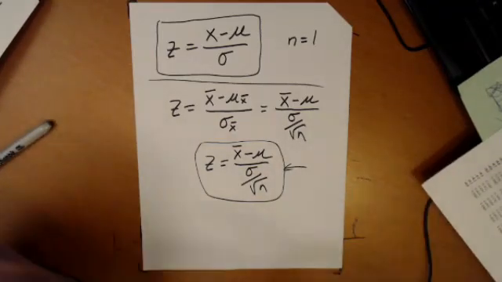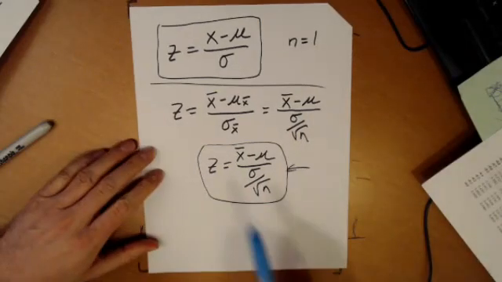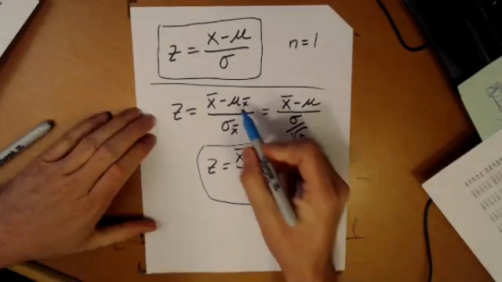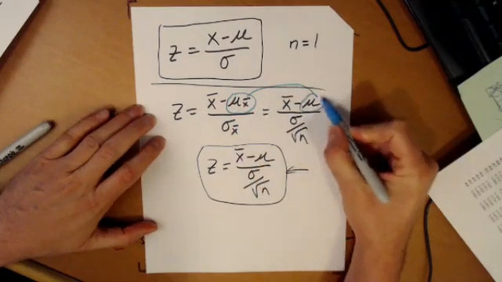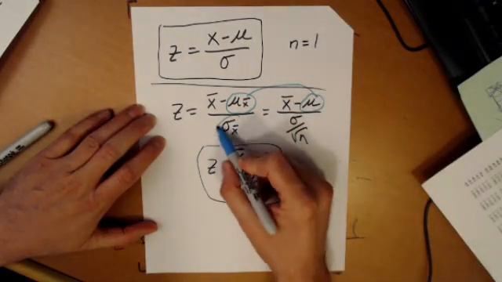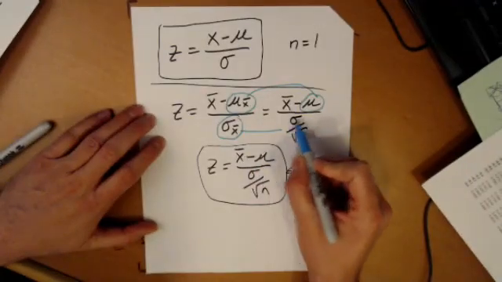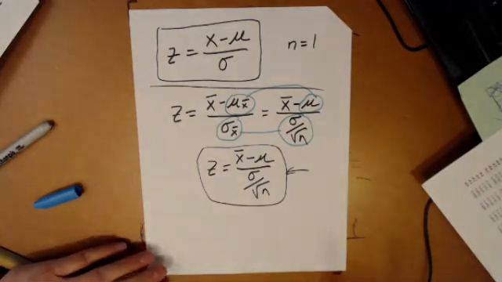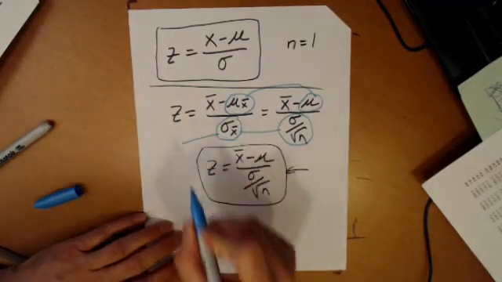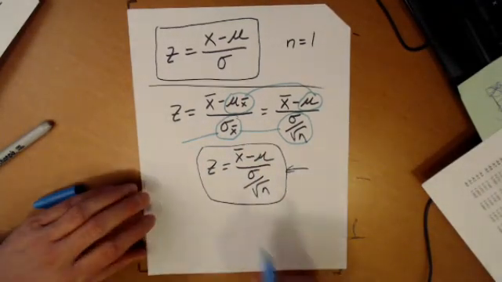I just want to point something out really quickly while I have this. The mean of the X bars is just mu, and then the sigma sub x bar is just sigma over root n. And this guy we call the standard error of the mean.